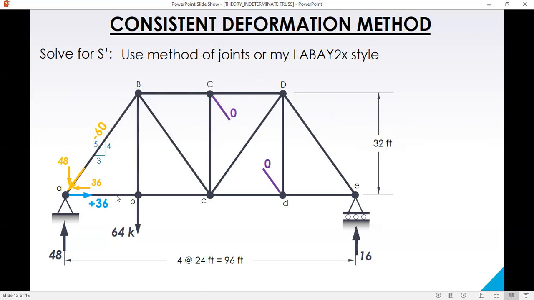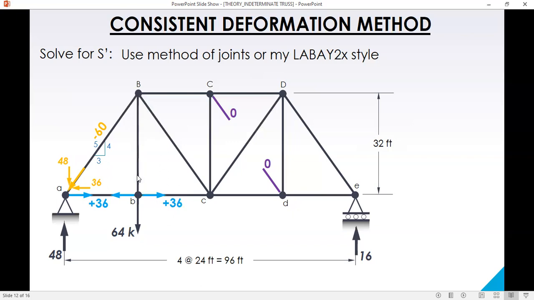So after this, labay, transfer these forces to the opposite joint. So 36, since tension, it must be away, so opposite direction. So analyzing joint B, this force will be balanced by BC. So BC must be positive 36 also.